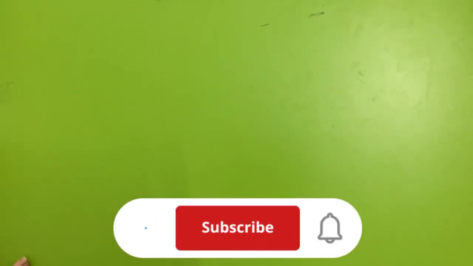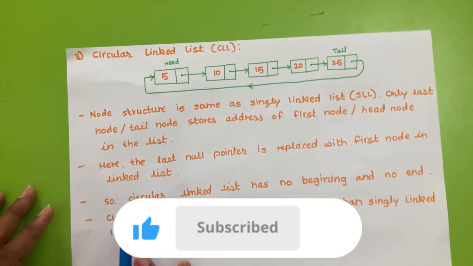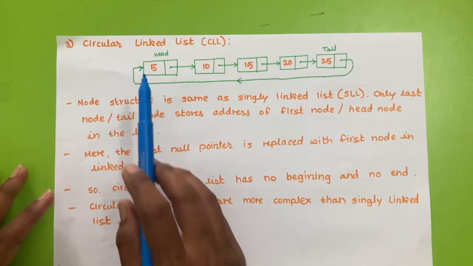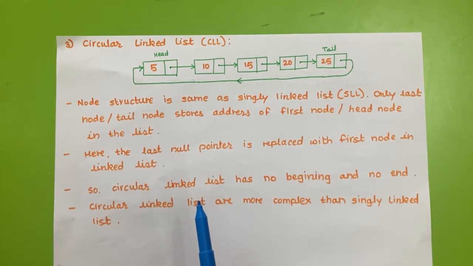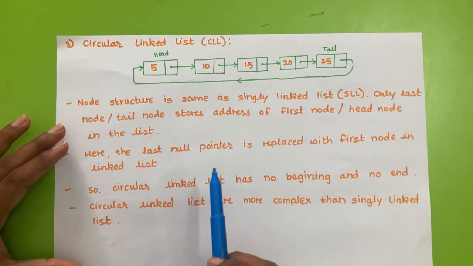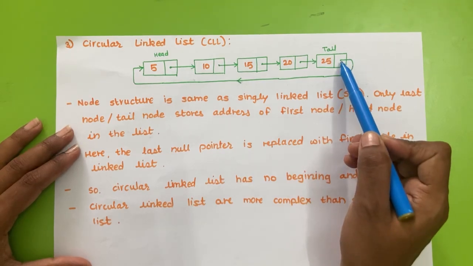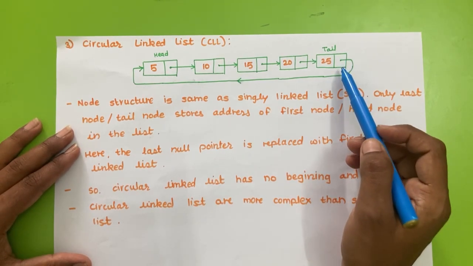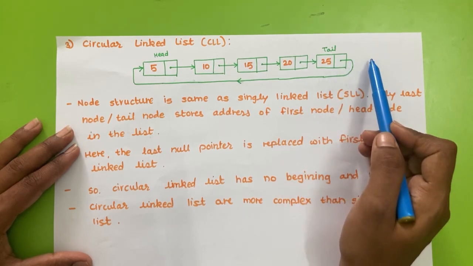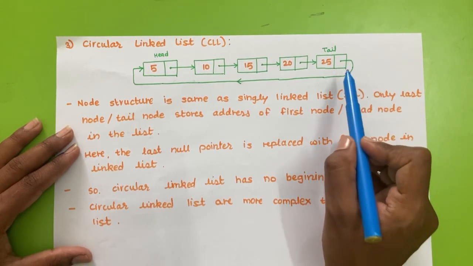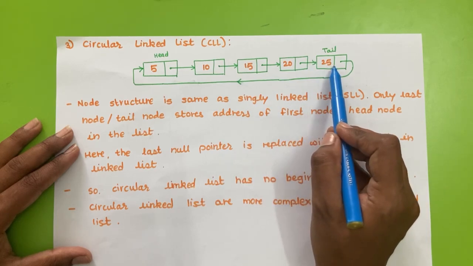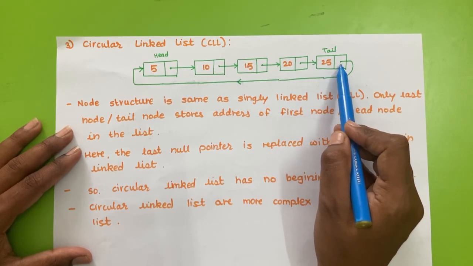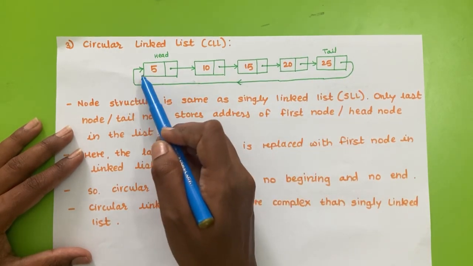Now the next type of list is the circular linked list. This is the same as a singly linked list, the only difference being that the last pointer field contains a null pointer in a singly linked list, because it doesn't have any next node. So whenever we encounter the last node, we cannot go back to the first node.